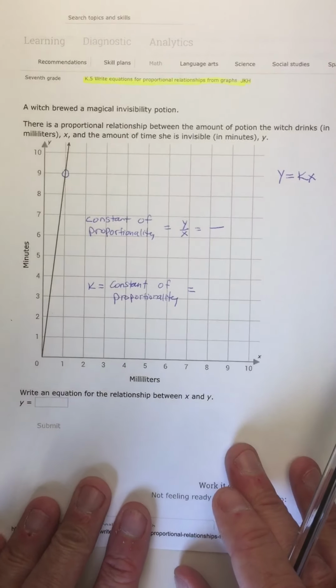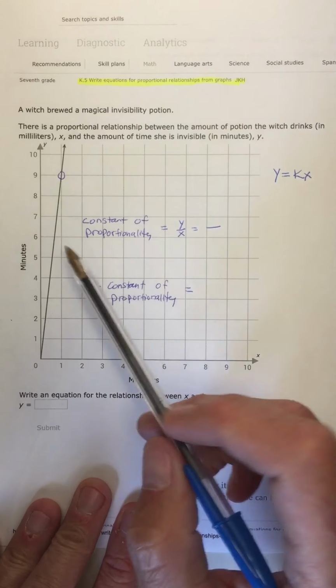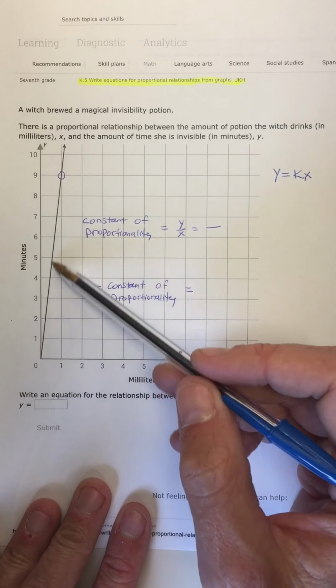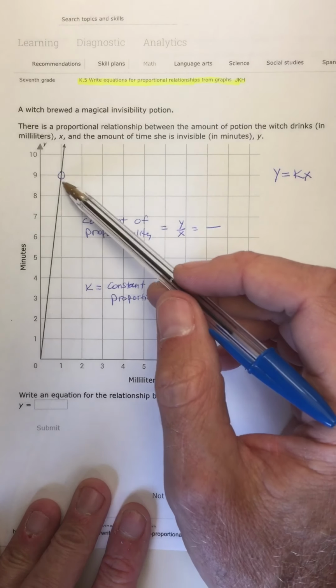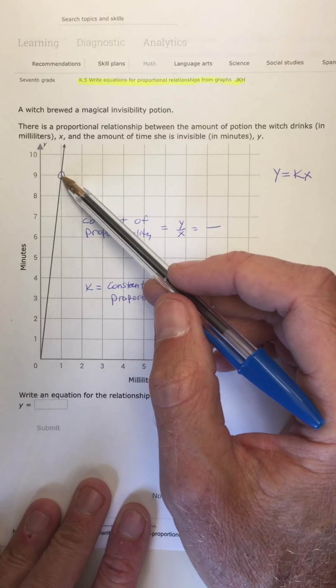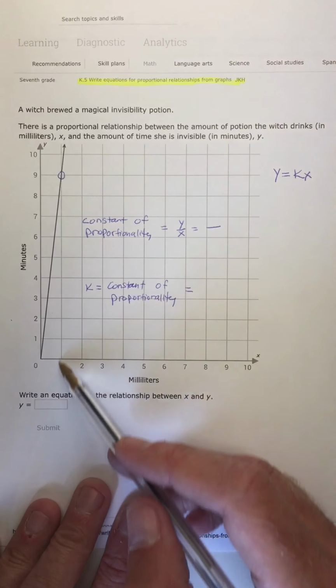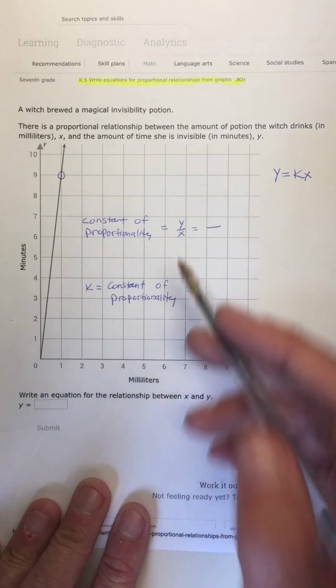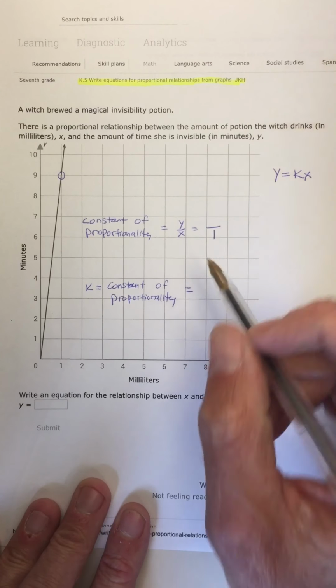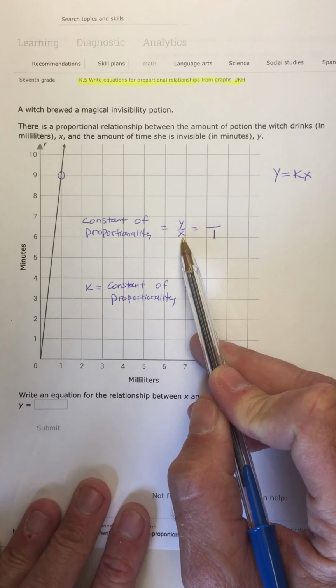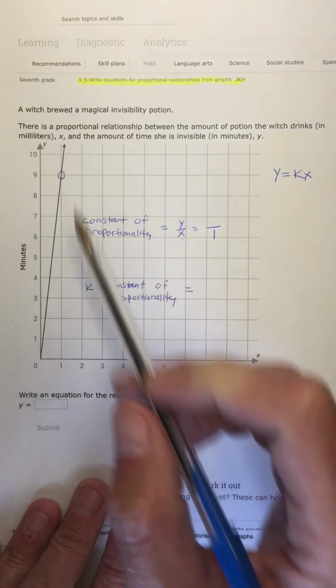Very similar. We have a straight line and we start at the origin. We follow it straight up until we get to the junction where it intersects the two lines. And again, if I draw a line down, I see that my x-coordinate would be 1. I'm going to write 1 in the denominator because remember the x-coordinate goes in the denominator.